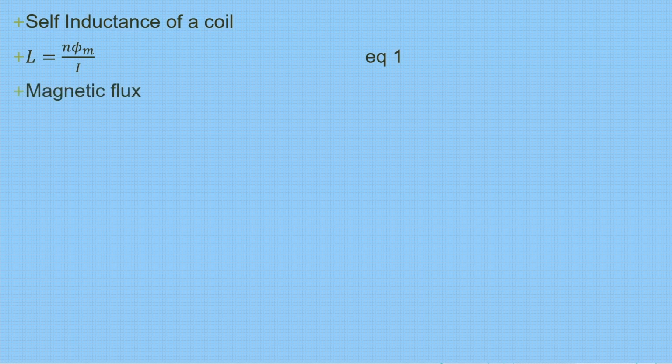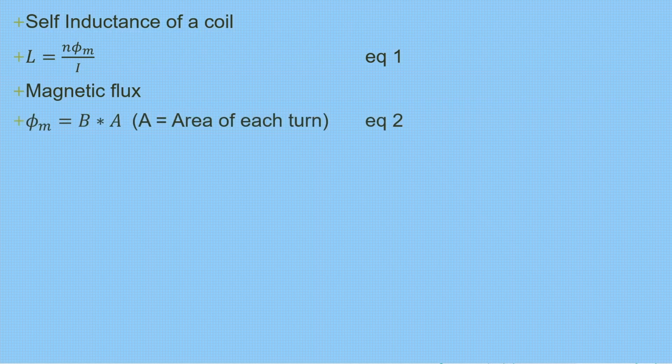The magnetic flux is equal to the magnetic flux density times the area of each turn, and I've denoted that as equation 2. We can substitute equation 2 into equation 1, replacing the flux symbol with this part. So we get inductance is equal to the number of turns times B times A divided by the current.